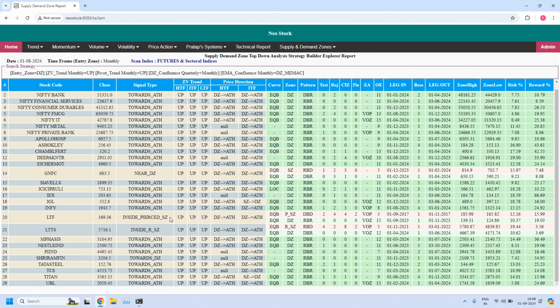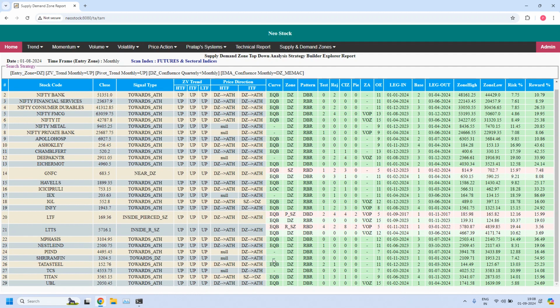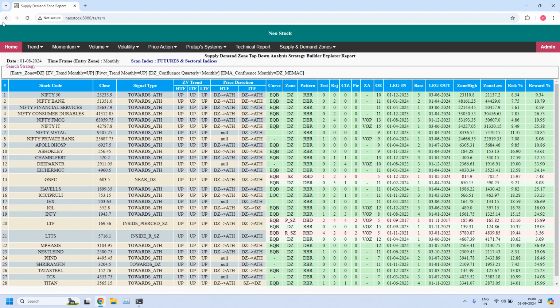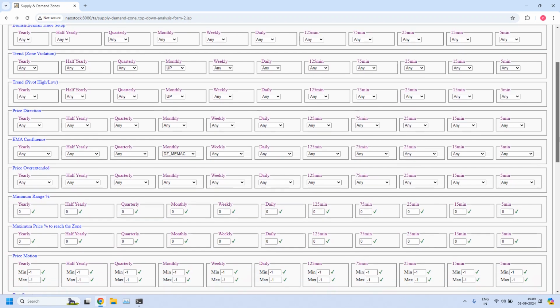Probably these stocks might also be having confluence with the yearly zone. But here a few are not having yearly. That's why we are seeing that yearly zones may not be available. Anyway, let us see yearly zone confluence also.